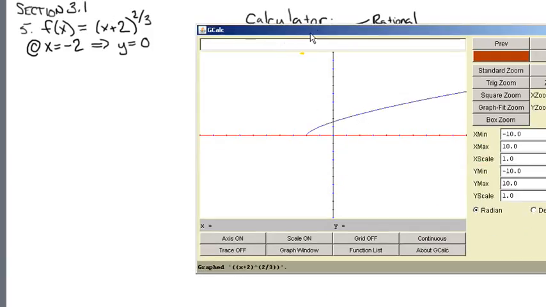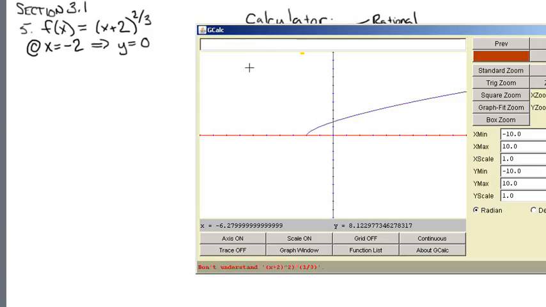The way we do that is we say x plus 2, and we'll square it first. Then what you get out of this is always going to be a positive value. Then if I take that and raise it to a rational exponent, the graphing calculator will try to use logarithms, and it has its own special method for figuring out what certain logarithms are.